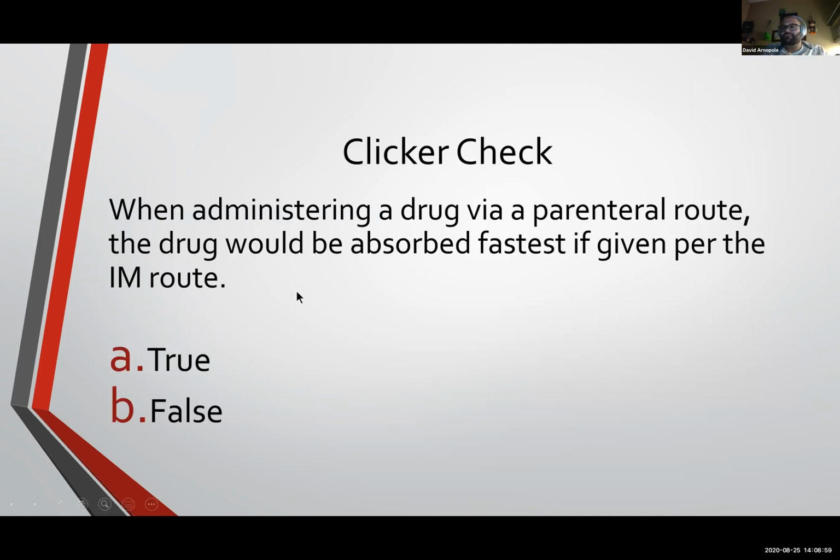I need a clicker check. Make it an easy one, though. When administering a drug via a parenteral route, the drug would be absorbed fastest if given per the IM route. False, false, false, false, false.